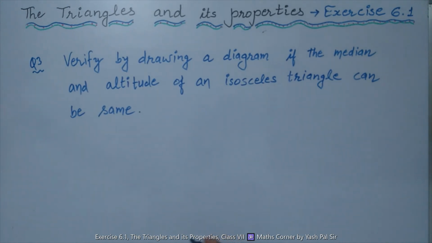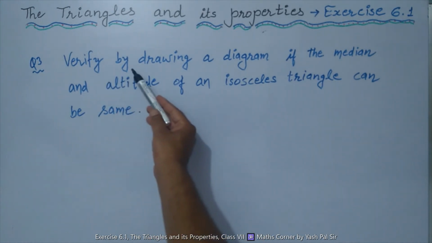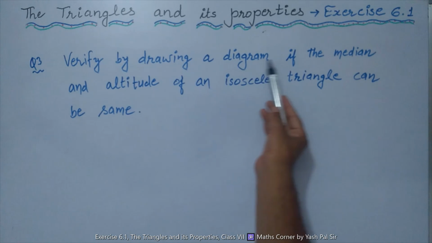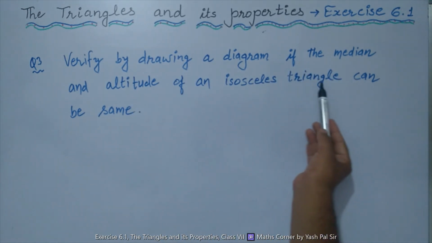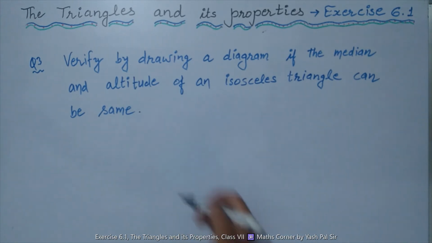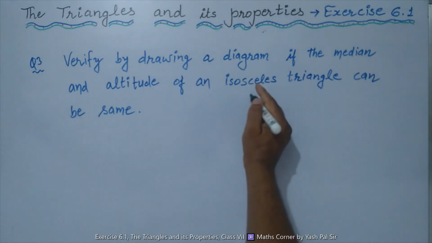Now coming to question number 3, verify by drawing a diagram if the median and altitude of an isosceles triangle can be the same. This is the question we have to verify. Okay, is this possible or not? So let us see. First of all, we have to draw an isosceles triangle.